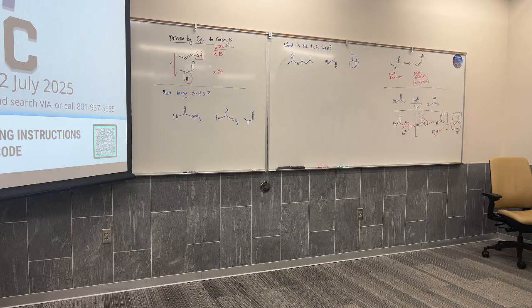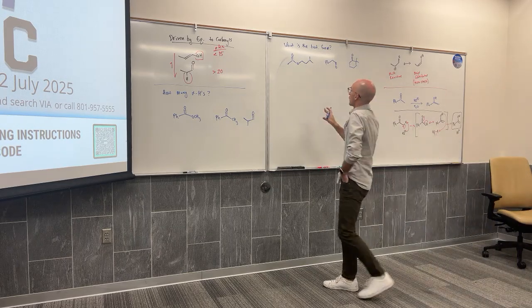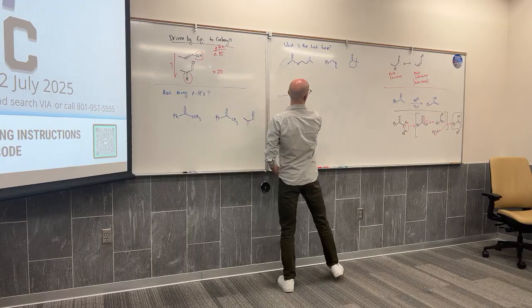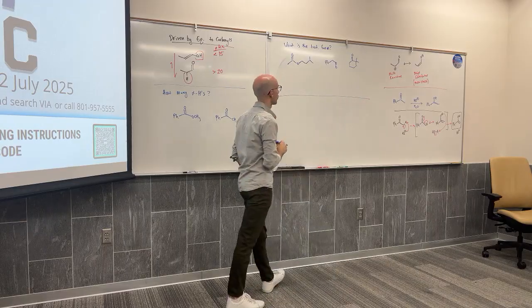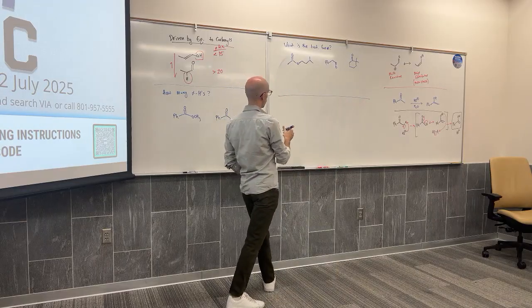And then for the second set, I want you guys to look at what is the tautomer form. I'm going to give you the carbonyl and have you predict the tautomer, and then I'm going to give you the enol, and have you predict the tautomer.